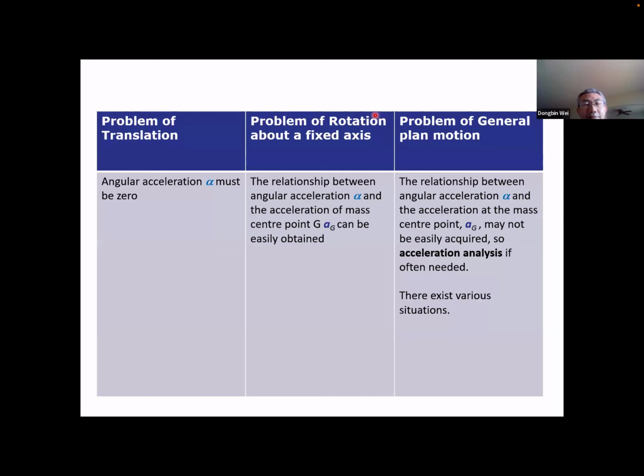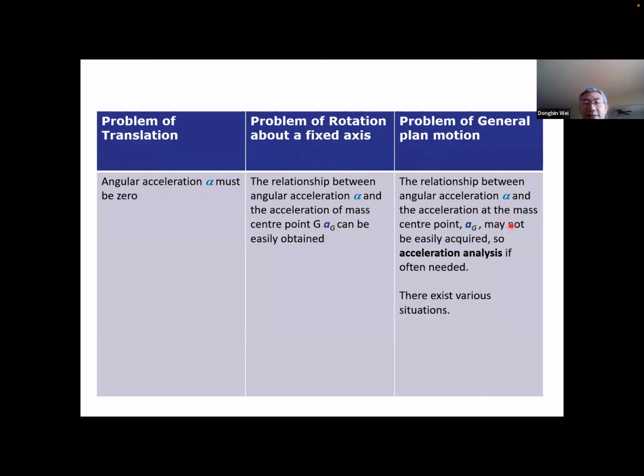Now, let's have a comparison. In translation, the angular acceleration alpha is always 0. In a problem of rotation about a fixed axis, alpha can be related to a_G. But in a problem of general plane motion, in many cases you cannot easily define the relationship between alpha and a_G.